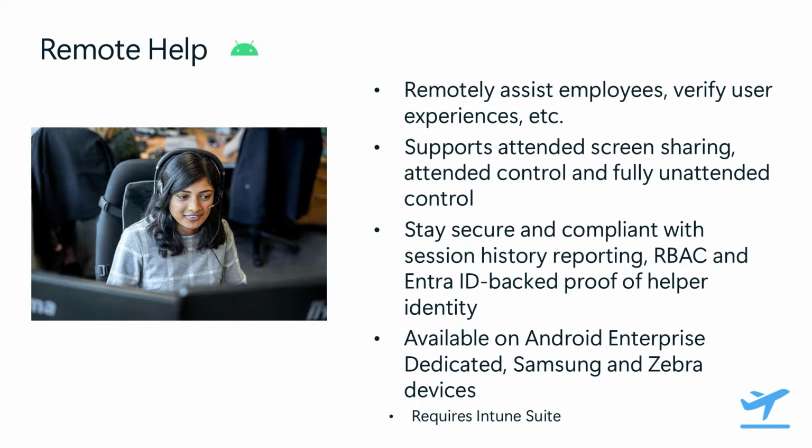Remote help leverages role-based access controls, or RBAC, and Entra ID identification to keep sessions secure. There's also an audit trail to review all connections. This is currently available for Android Enterprise dedicated Samsung and Zebra devices, and it is included in Intune Suite. Now let's take a look at the demo.